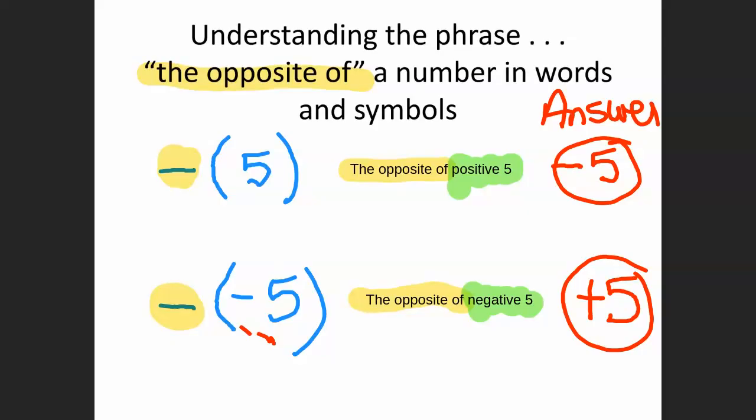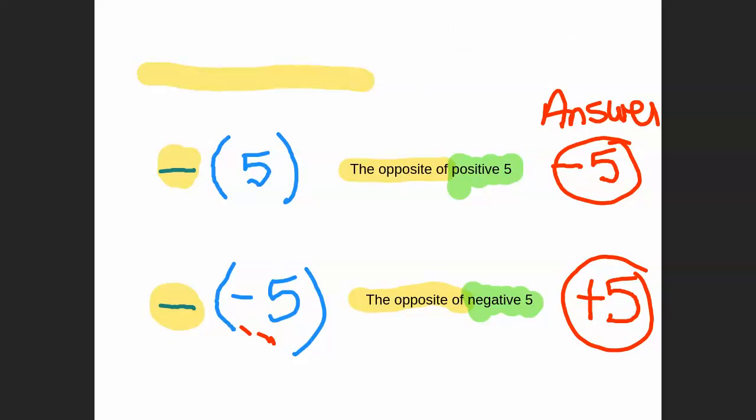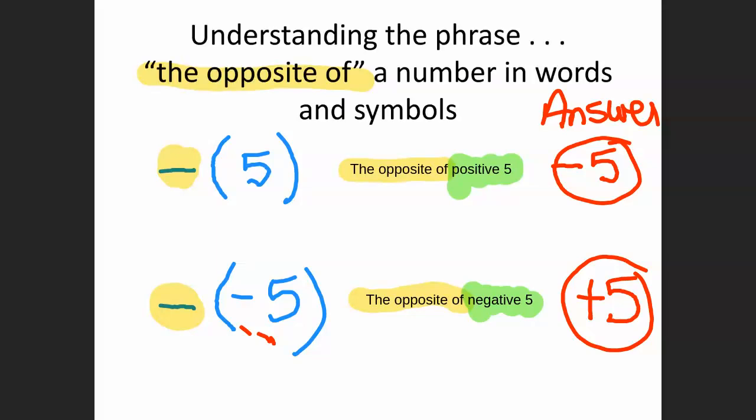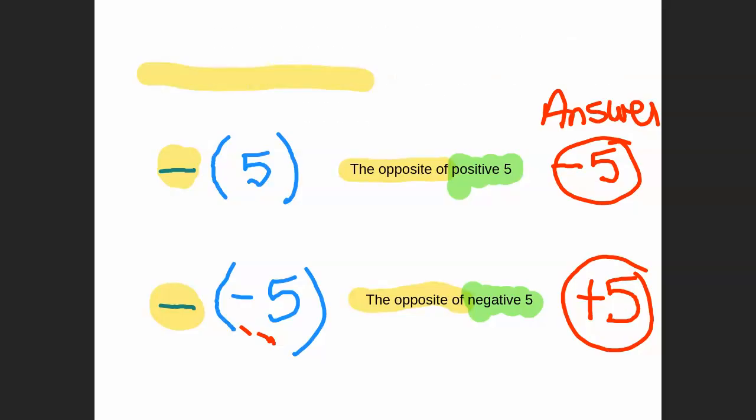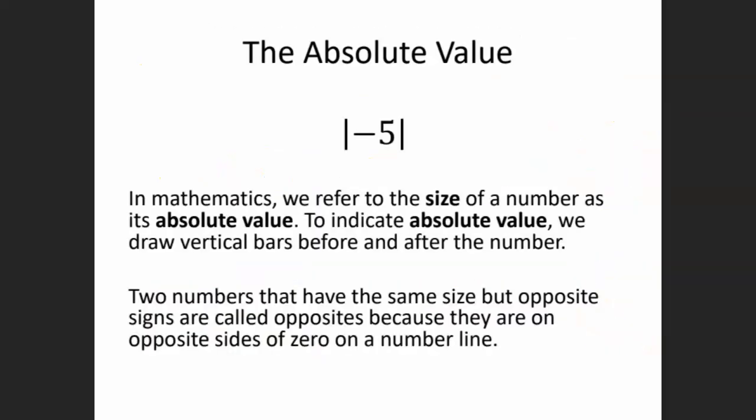So notice this has a parentheses. Now we're going to change this a little bit. We are going to go from parentheses to bars. Now, these bars, one in front and one back, represent absolute value. Okay, that's what the symbols are saying.